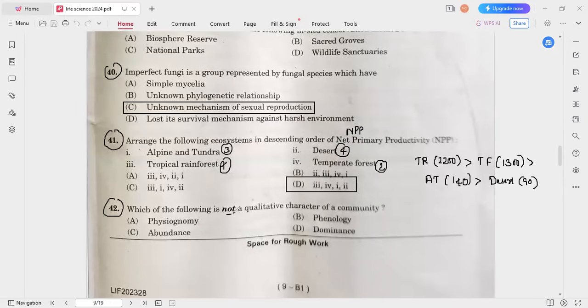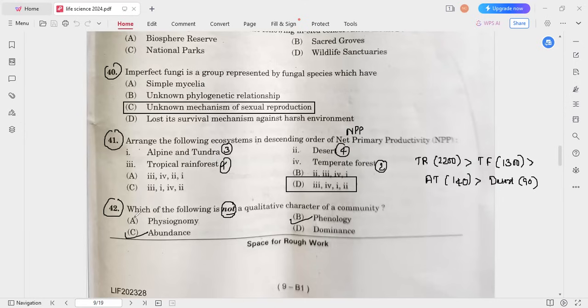Which of the following is not a qualitative character of a community? Which of the following is not? We have to pick up the incorrect one. Okay, so 42. Abundance, yeah, it is a qualitative character. Phenology is also a qualitative character.